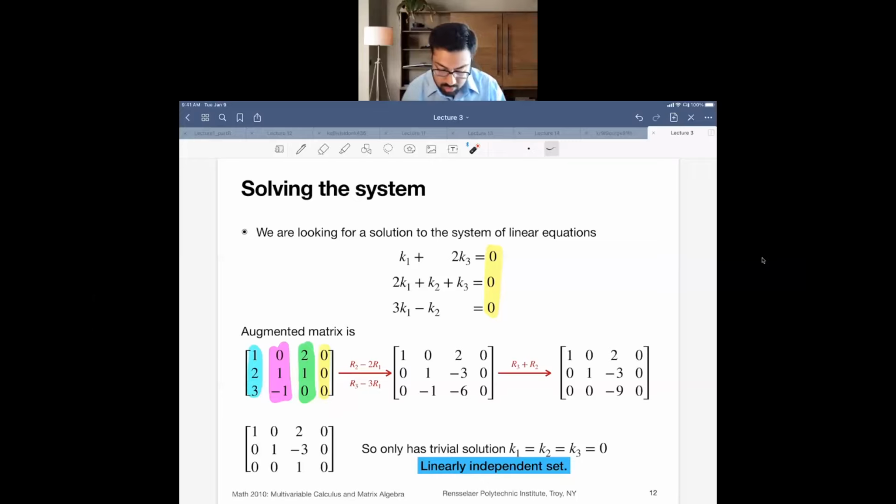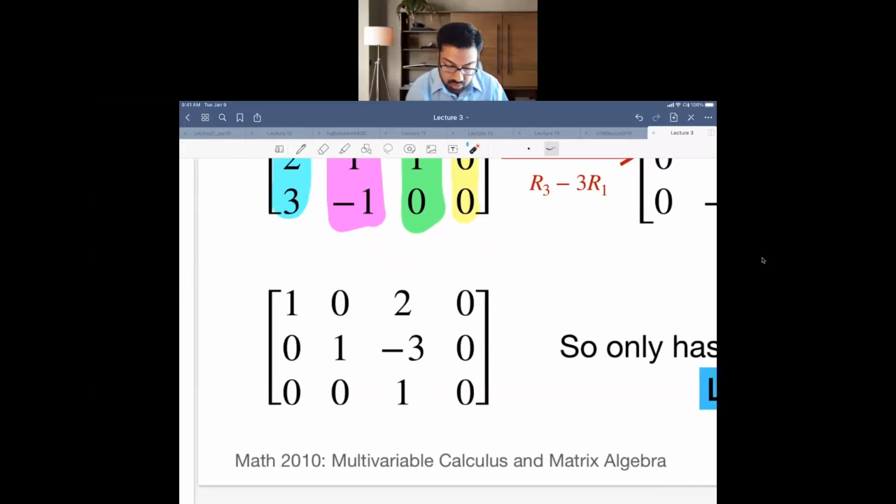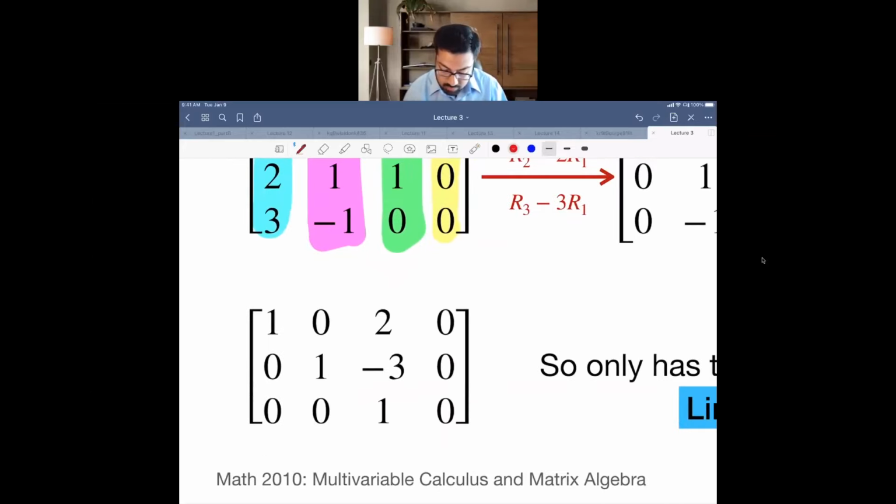So you can do some row reductions here. This is row 2 minus 2 times row 1, row 3 minus 3 times row 1. You have seen this process before. You end up with an echelon form, which we can now use to comment about the solutions, right? So this one will give us k3 equals 0.